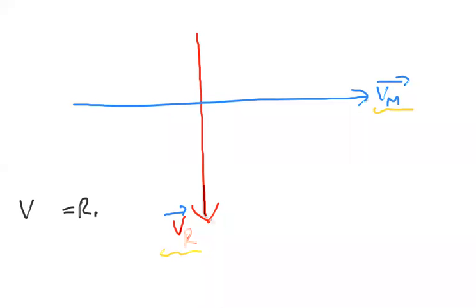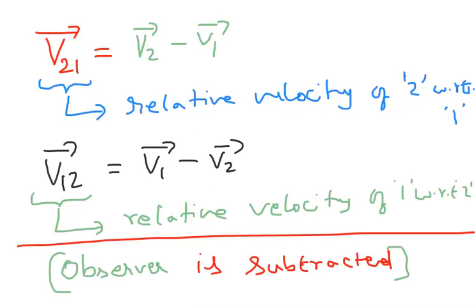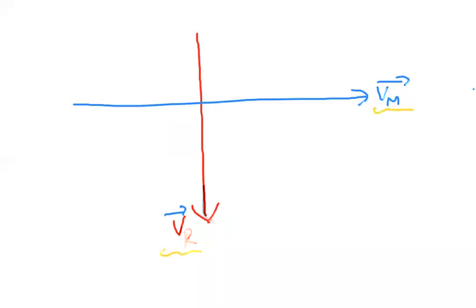So what is our relative velocity formula? I told you always the observer must be subtracted. As the observer must be subtracted here, Vm bar is subtracted. That means Vrm bar is equal to Vr bar minus Vm bar.